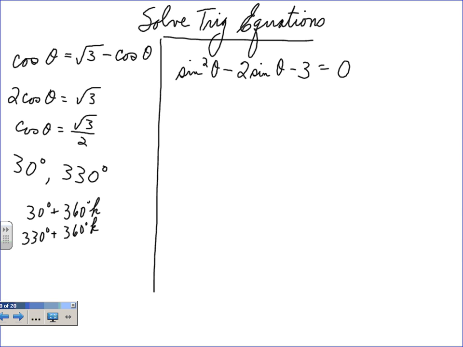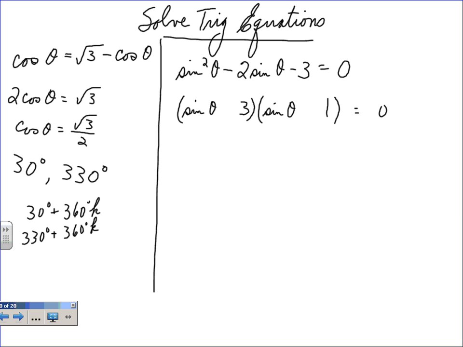And a quadratic we can factor. You remember that u substitution that we learned? I don't think we need to do that, but let's go ahead and factor this. Sine theta and sine theta, that's going to give me sine squared. I think they're fairly easy factors. For 3, we have 3 and 1. It's the only thing it can be.